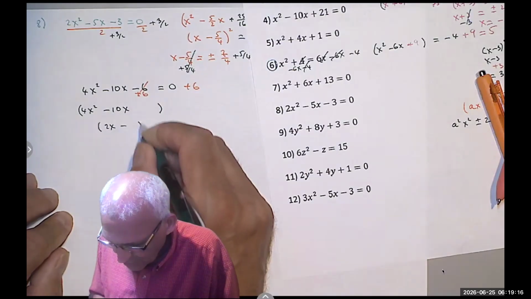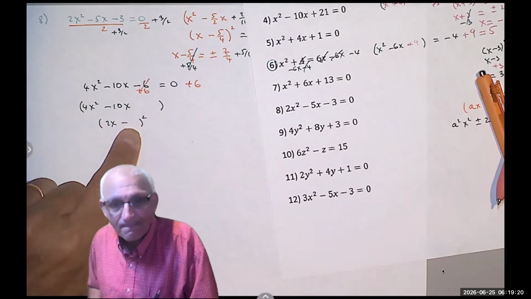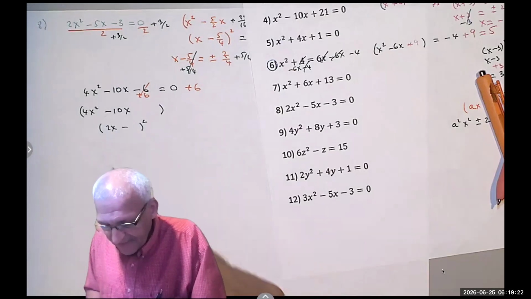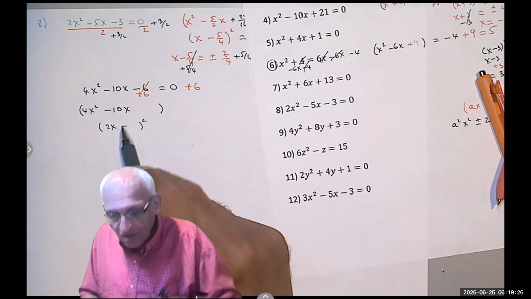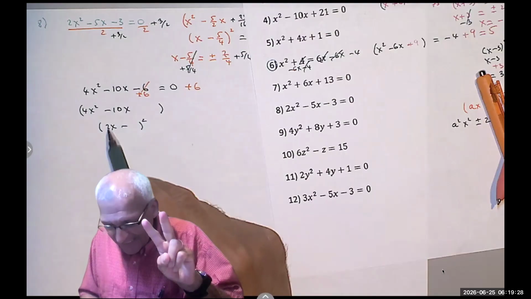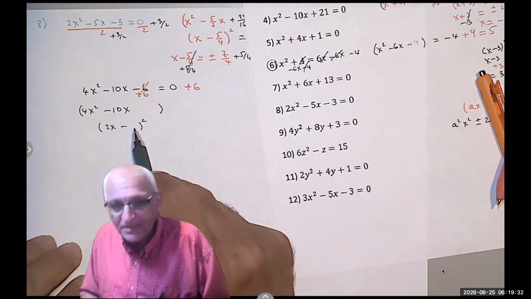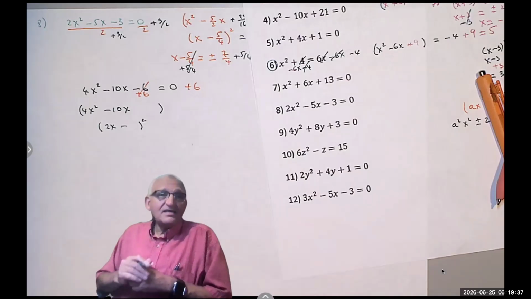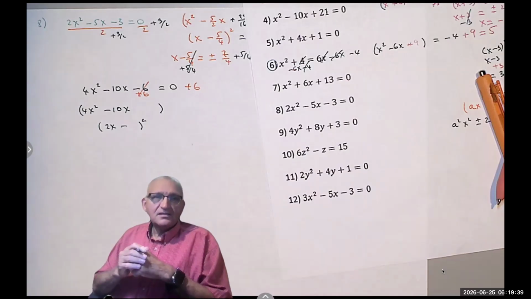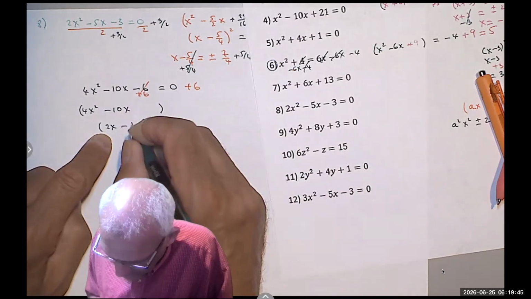minus something squared. And I need to know what is this thing. The negative 10 is negative twice AB. So 2 times A times B. So what is B? If 10 is 2AB, meaning 5 is AB, and since A is 2, then this has to be 5 halves.